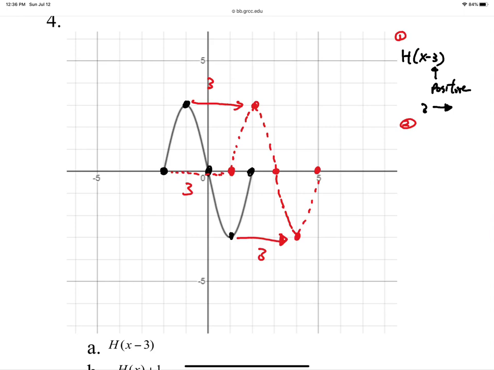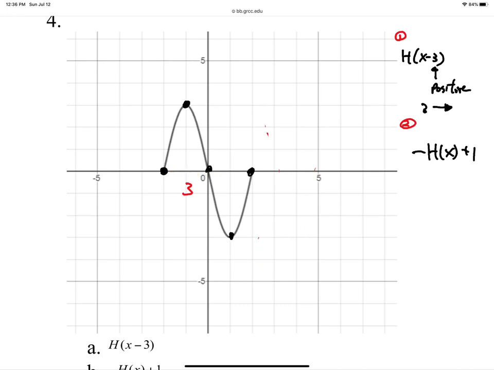Negative h(x). That looks very similar to what we had earlier. Alright, so let me erase all the red stuff. Okay.